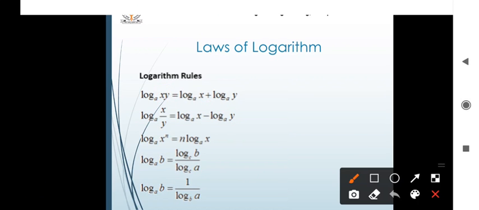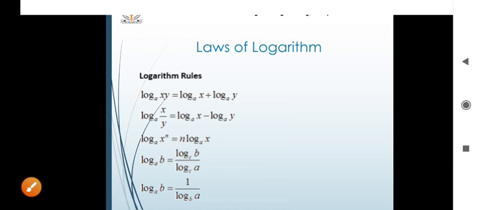And all these laws of logarithm you have learnt in 9th standard and you have used many times during your 12th standard exam and also in the first year diploma course. So all these are very helpful to solve the examples in engineering mathematics.